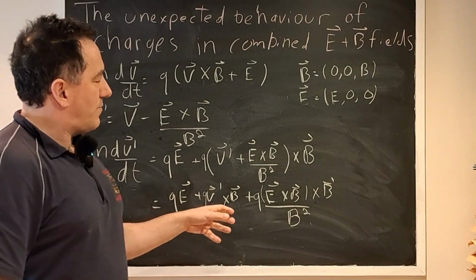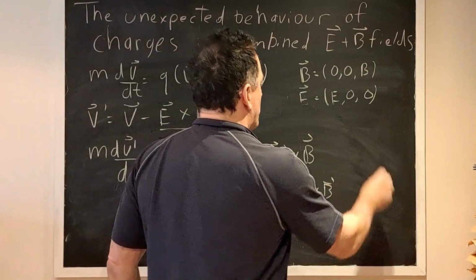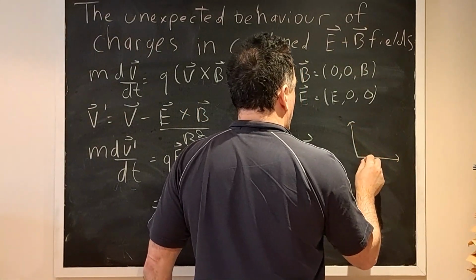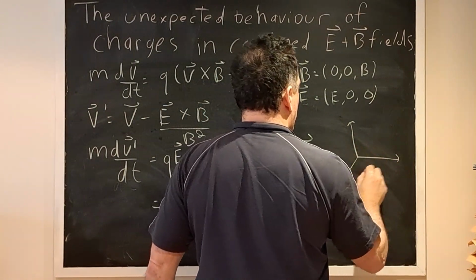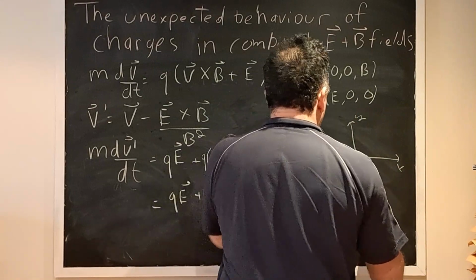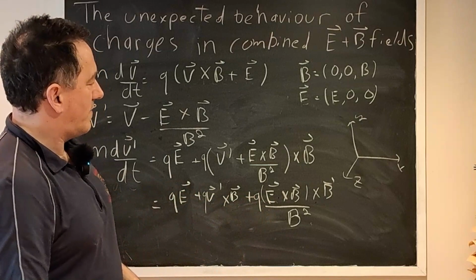The other thing now we have to see is what is the direction of this vector. So I will just draw the reference frame, x, y, z. So the electric field is in the x direction.